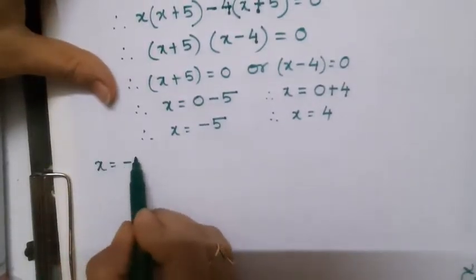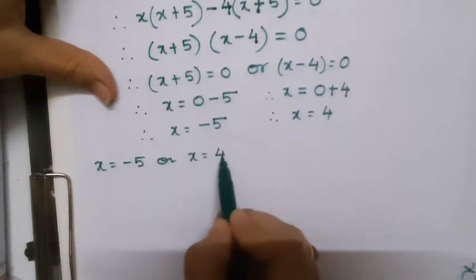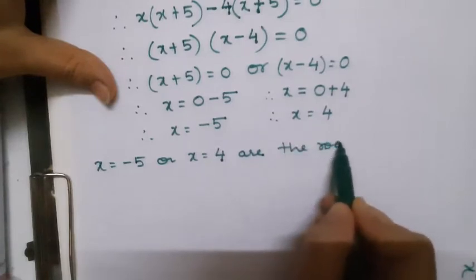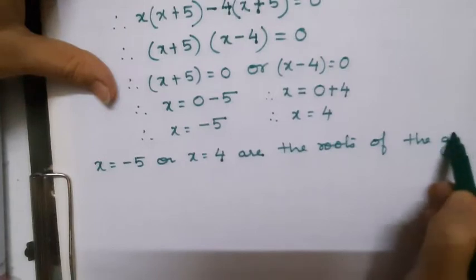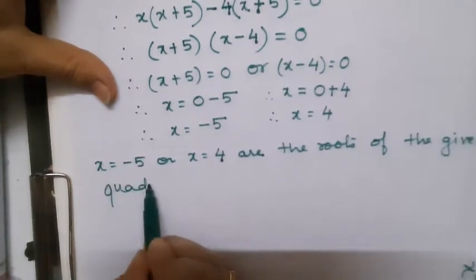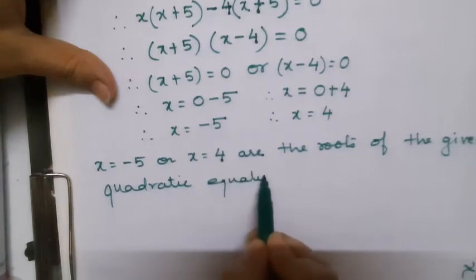X is equal to minus 5 or x is equal to 4 are the roots of the given quadratic equation. And the final answer, children, is important. You have to write the final statement.